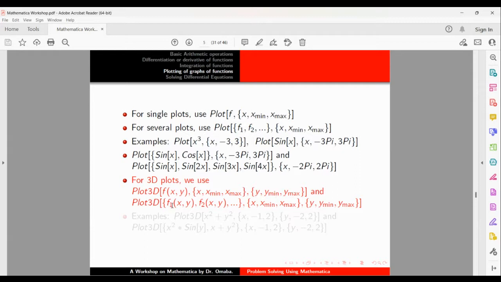Here F1, F2, if they are each a function of two variables, but there are several of them, we use all of this. So let's look at a few examples.